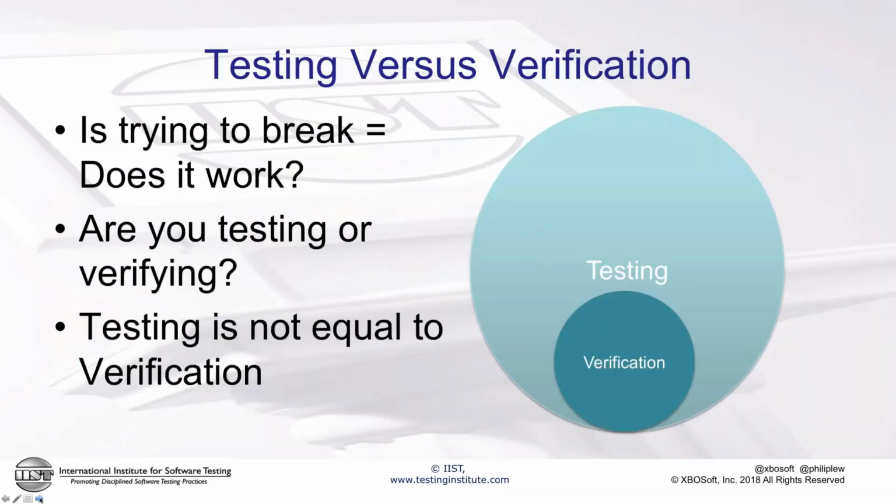And I was in a webinar a few days ago with Jason Arbon from Test.ai. We were talking about testing versus verification. And I think that in Agile, because we don't have a lot of time, we end up doing a lot of verifying, meaning that we're just checking to see if it works the way that it should work.